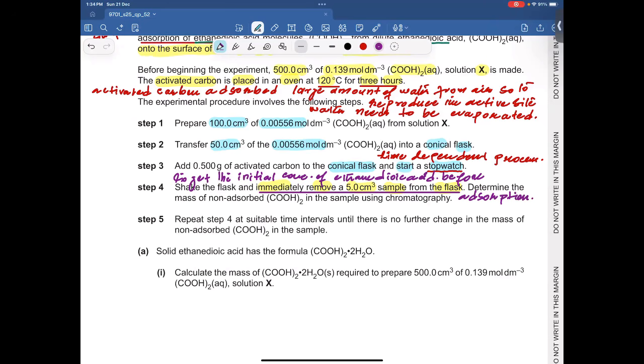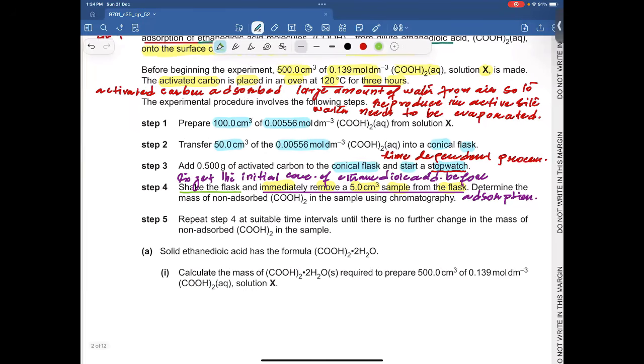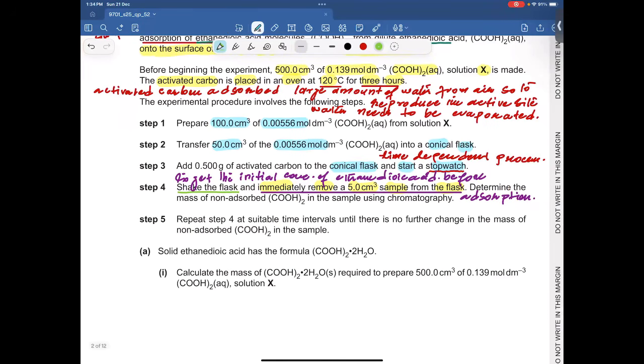Okay. Also, why are we shaking the flask? To ensure proper mixing of content.